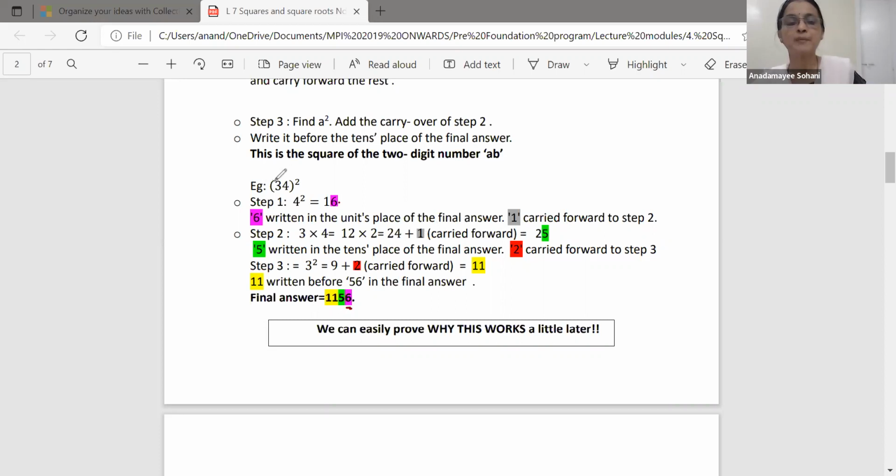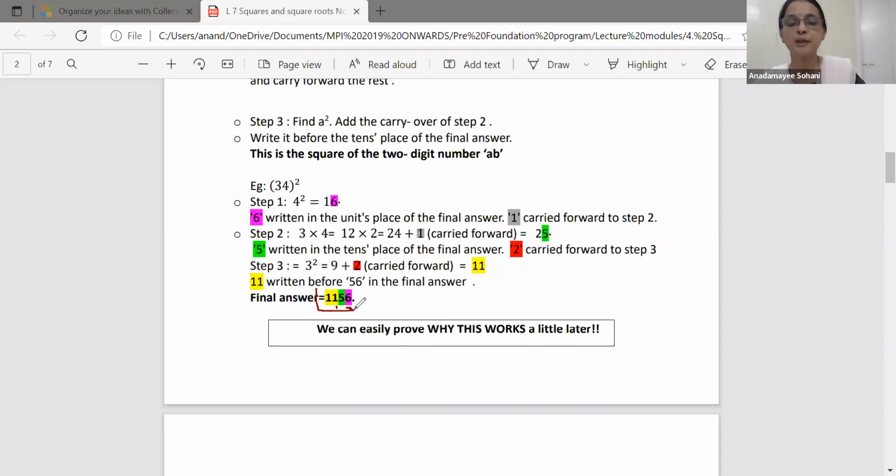Second step, 3 into 4, 12 into 2, 24 plus carried over 1, 25. 5 written in the tens place of the answer, 2 carried to the step 3. Step 3, 3 square 9 plus 2 is 11. 1156 is my answer.